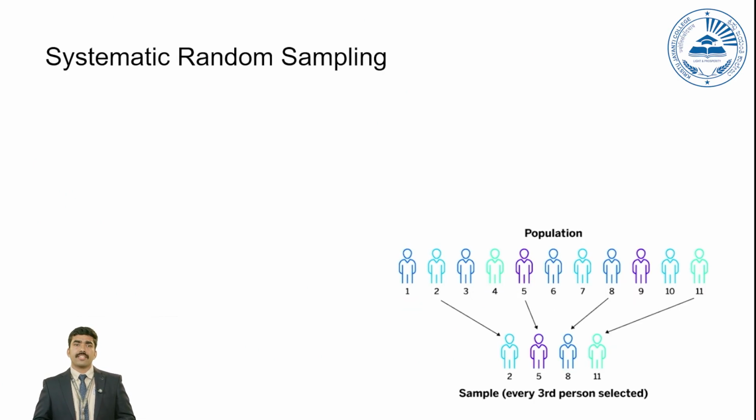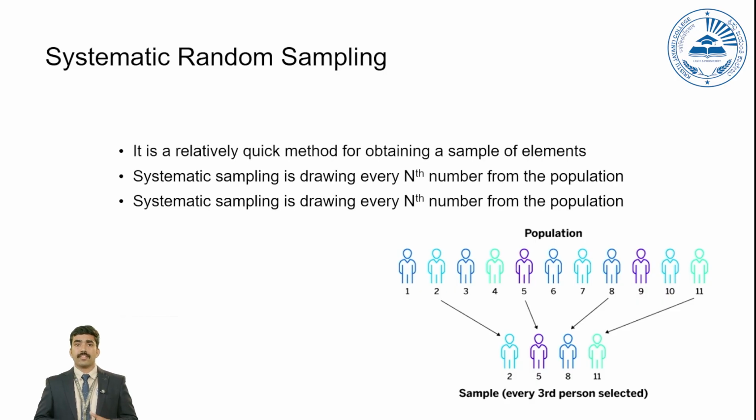Now we'll look at the second method, systematic random sampling. In systematic random sampling as well, we should know the population size. Unless we know the size of the population, we won't be able to do simple random sampling or systematic random sampling. In systematic random sampling, after identifying the population, we select every nth member in that group.